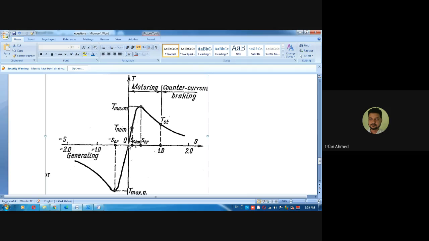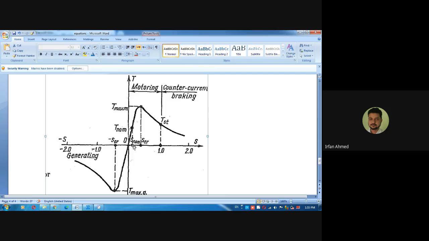You have seen this in your UG course also: when your rotor speed becomes equal to the synchronous speed, there is no relative speed between the rotor conductors and the stator magnetic field, because of which the induced voltage becomes zero, the rotor current becomes zero, and if the rotor current becomes zero, the motor torque also becomes zero. Correct? So this is that point where the slip is zero and the motor speed is equal to the synchronous speed.